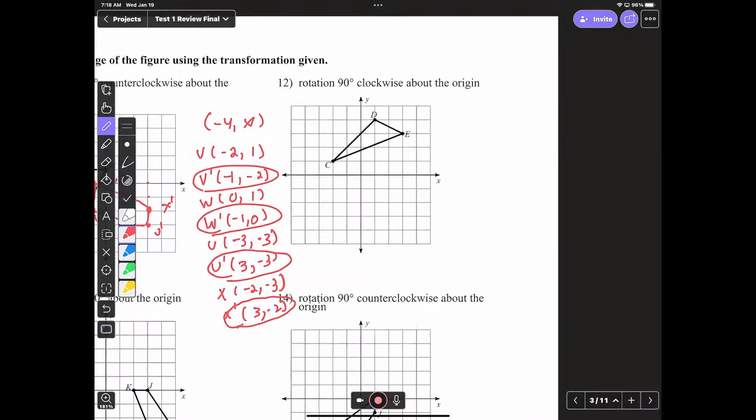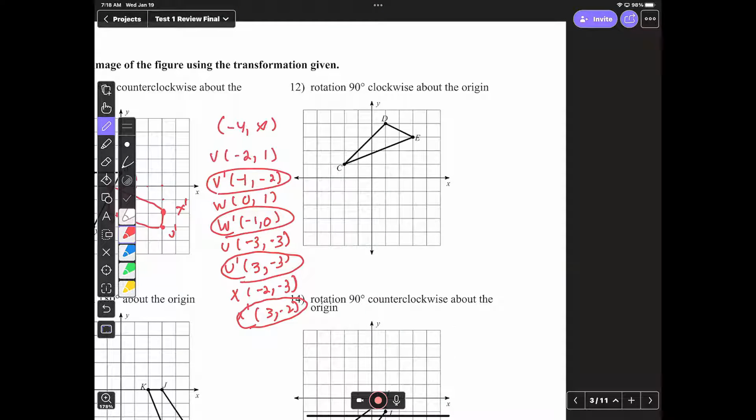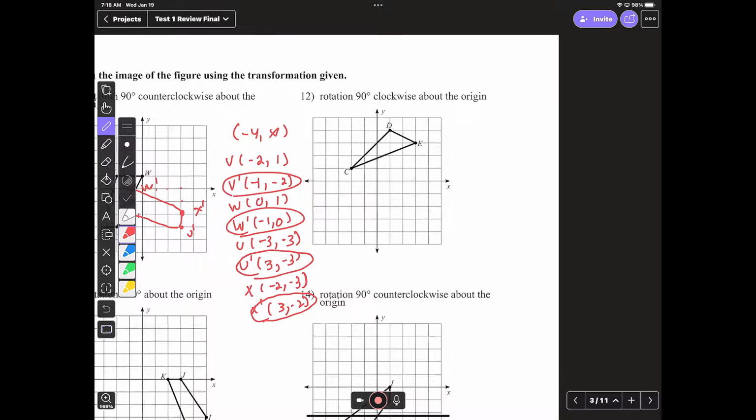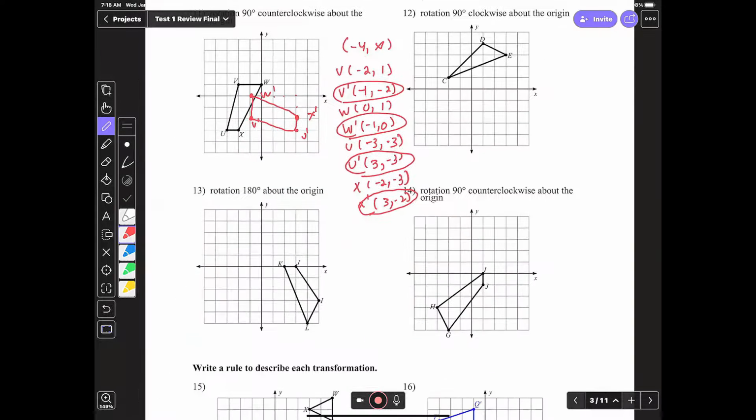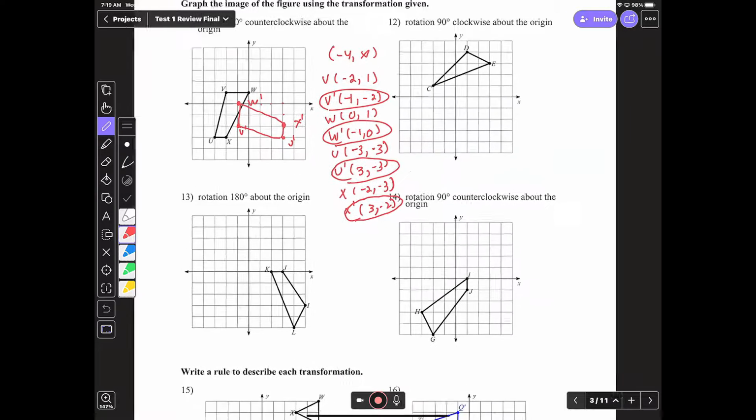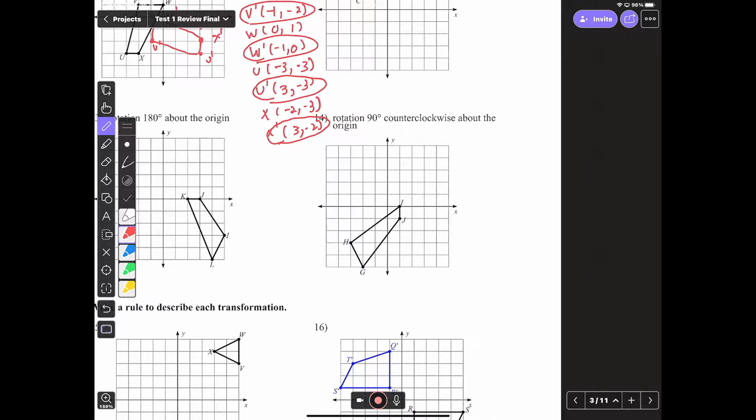Number 12, we're going to do a rotation clockwise about the origin. Let's go ahead and do the 90-degree counterclockwise about the origin here. So we have x and y.